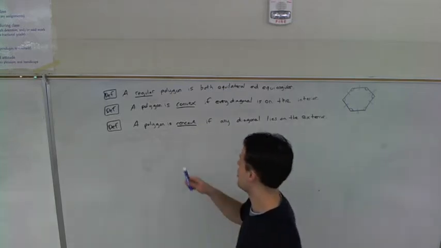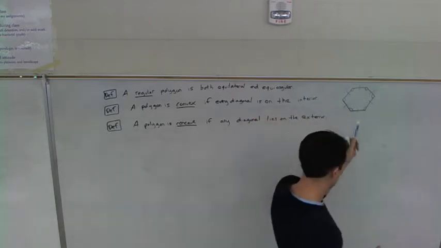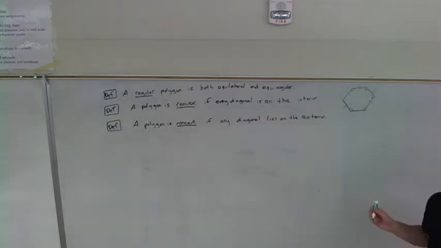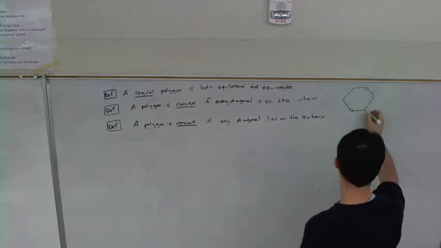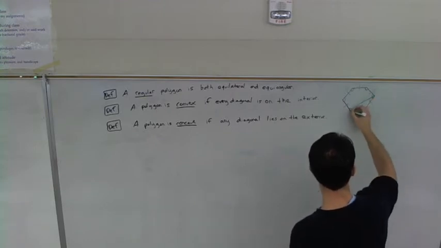So a polygon that's convex. This guy is convex because its diagonals are all inside. You guys see that? I'm going to draw them in. Is that a diagonal? No, it's a side. This is a diagonal.